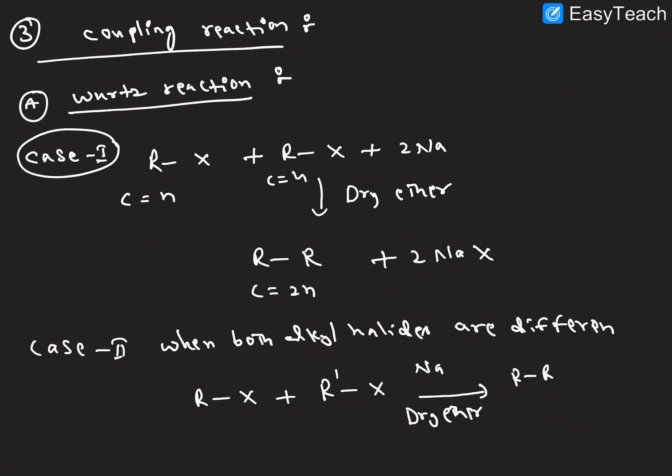We get one possibility, another possibility, and one more possibility. These are the different products we get here.